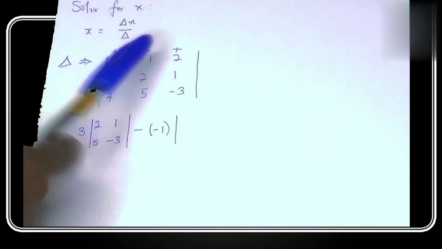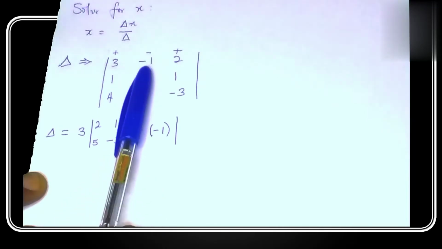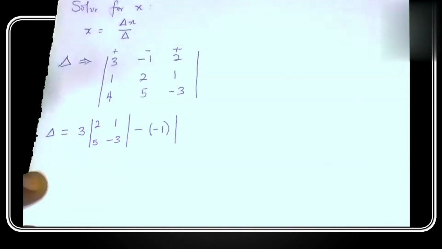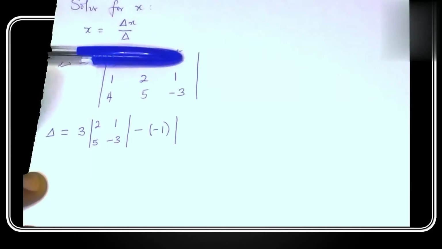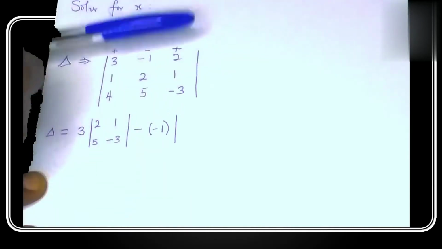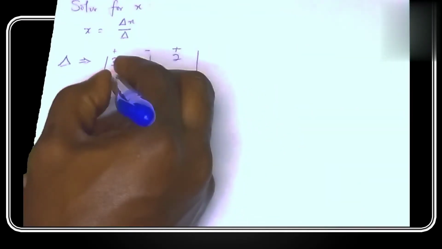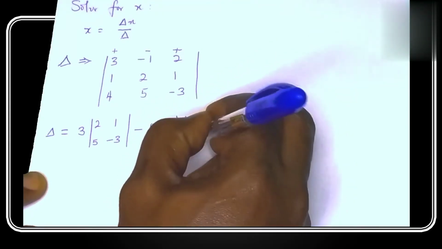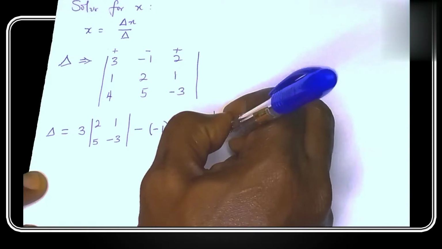Since we have taken minus 1 from this point, the column to which it belongs will be imaginarily ruled off, and the row to which it belongs will be imaginarily ruled off. If we rule this off and this off, what we have left will be 1, 1, 4, minus 3, like that.